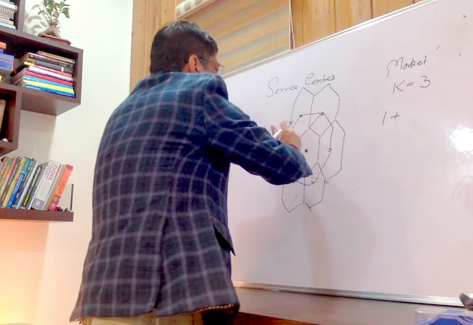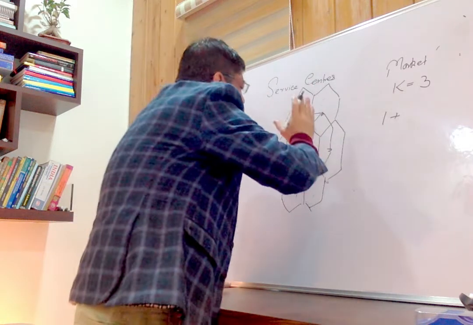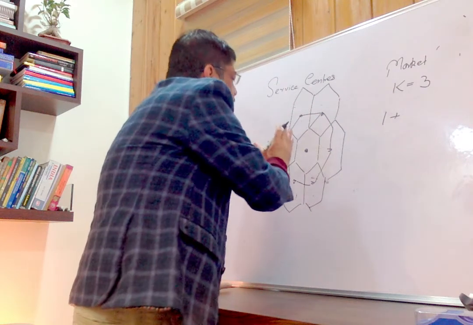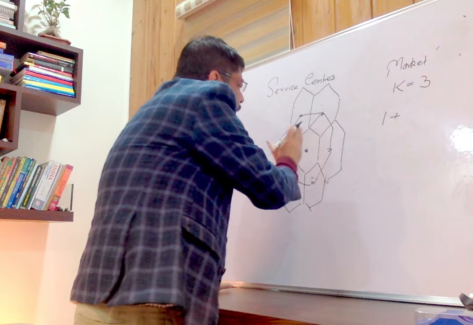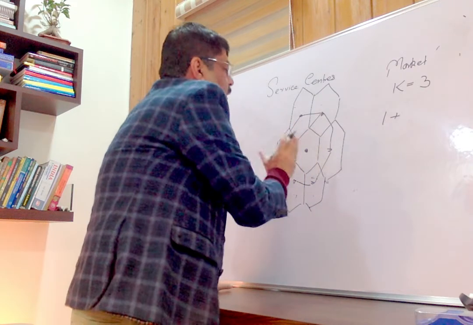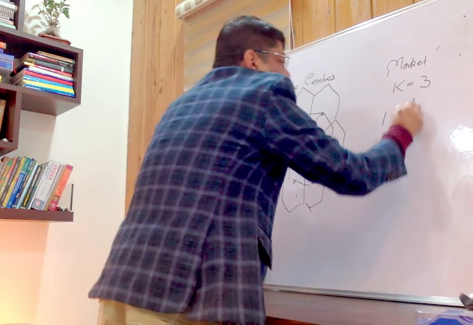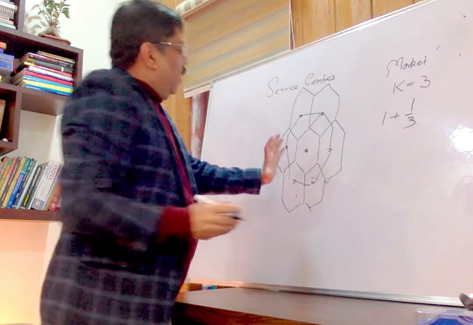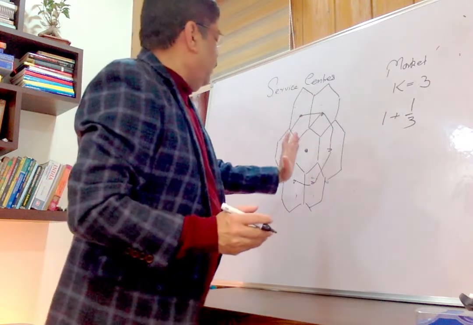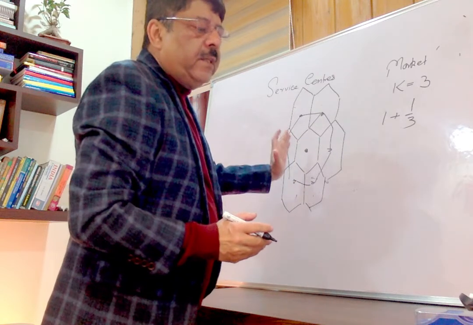The market of the higher order settlement will serve 1/3 population or 1/3 area of the next lower order settlement. So 1 plus, and how many settlements are surrounding in the immediate vicinity of the higher order settlement?